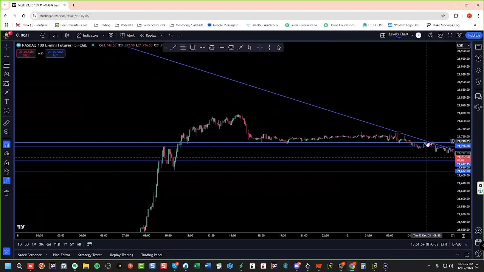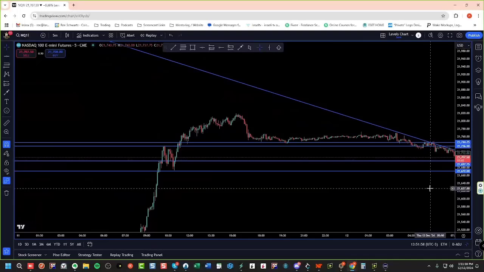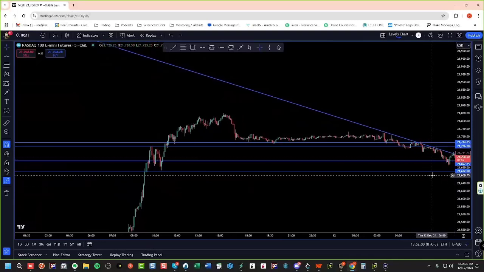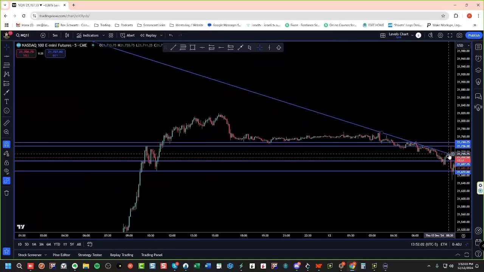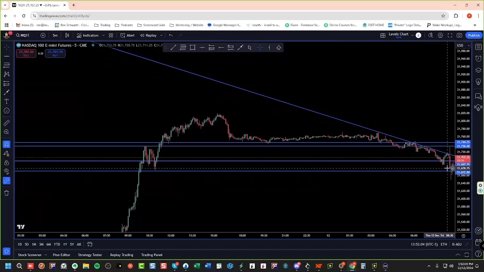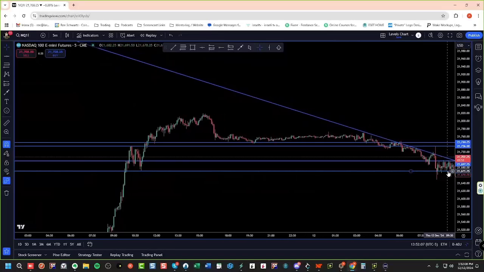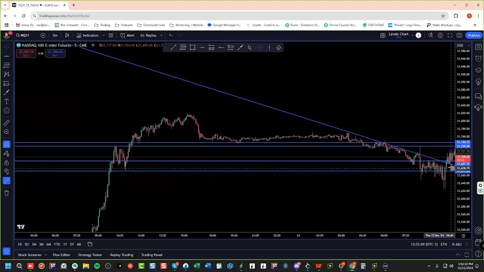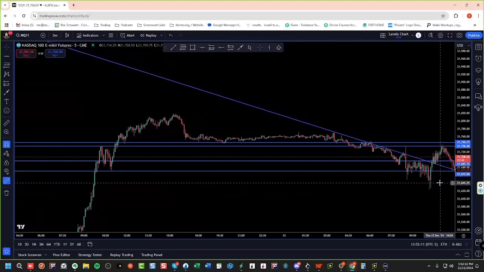Now, that line could have been established right here. You had enough points to draw this down. As it gets extended, as time goes on, you can see what it's doing. I mean, do you see that?